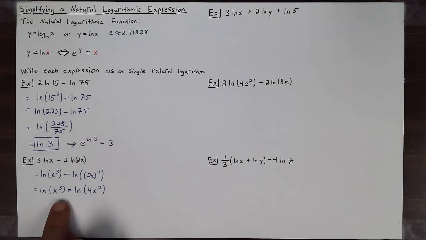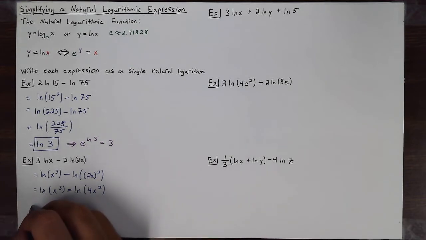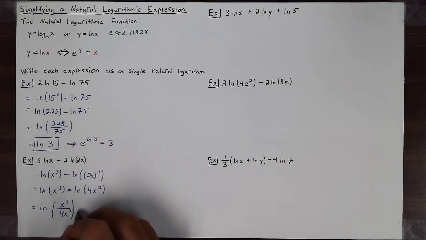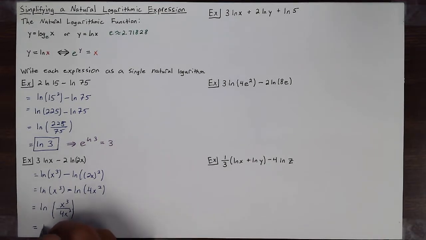And now that they're being subtracted, I can combine them even further into the natural log of x to the third, my numerator, divided by 4x squared, which can simplify to the natural log of x in my numerator, because 2 of the x's cancel, over 4.